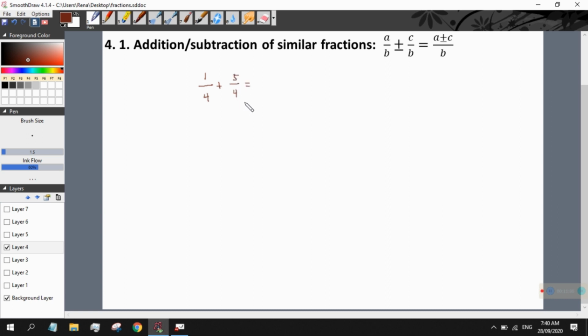When we say similar fractions, these are fractions having the same denominator. All you have to do is to add or subtract the numerators and then copy the denominator. Since they have the same denominator 4, copy lang natin siya dyan sa baba.